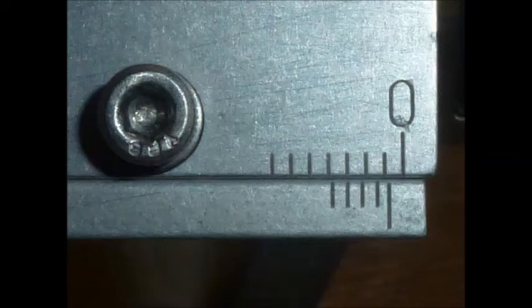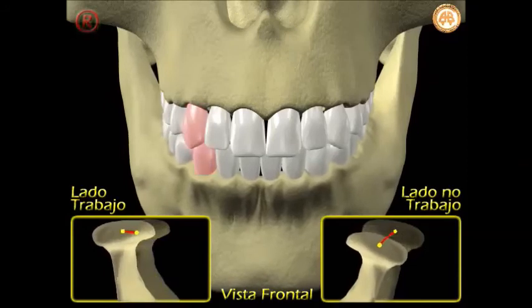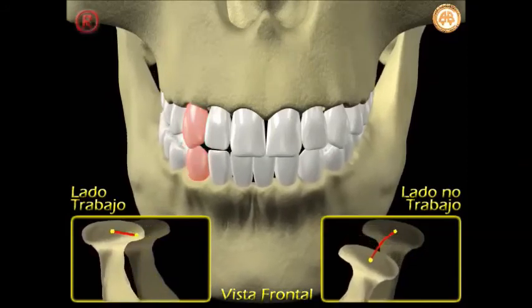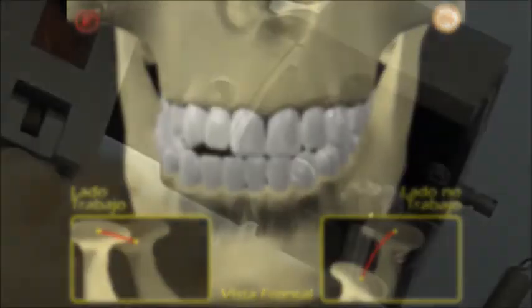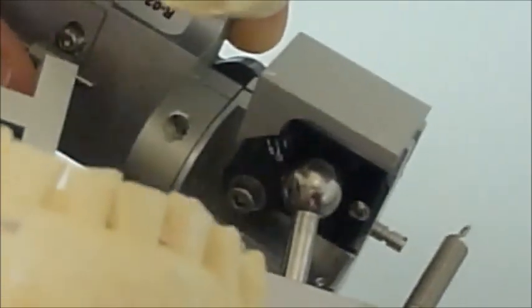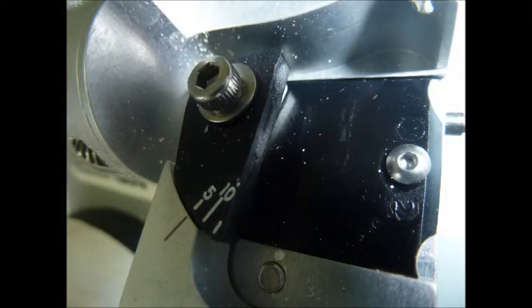And finally, the later forward and medial movement of the non-working side condyle is preset to an average value of 6 degrees, and this is read on the underside of the upper member of the D9.